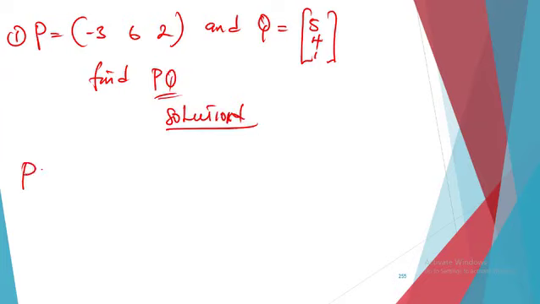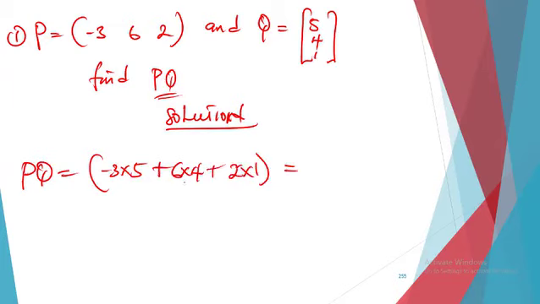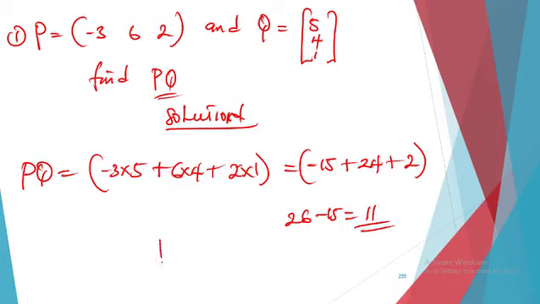We have PQ equal to -3 times 5 plus 6 times 4 plus 2 times 1. That gives us -3 times 5 is -15, 6 times 4 is 24, and 2 times 1 is 2. 24 plus 2 is 26, so 26 minus 15 gives us 11. So our PQ is equal to 11.